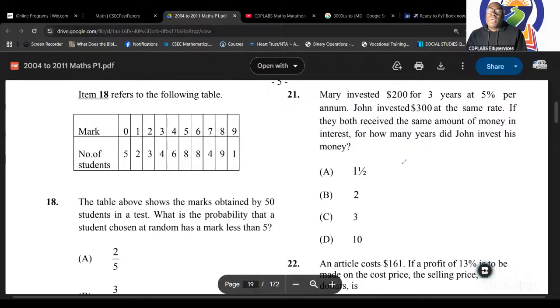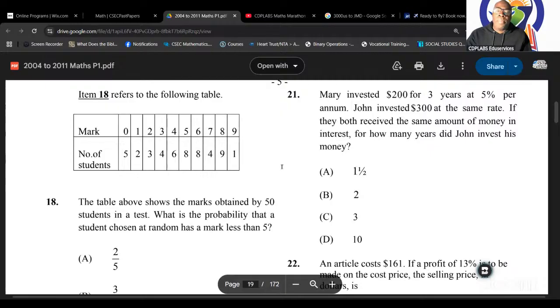So the principal would be what? 300 times 5. And 300 times 5 is 1,500, right? And 3,000 divided by 1,500 gives you 2. All right, correct. Good.